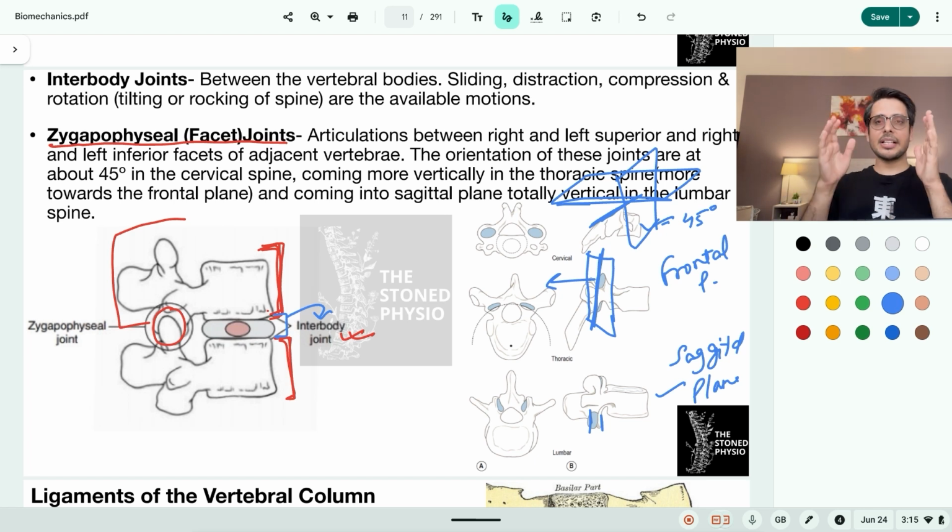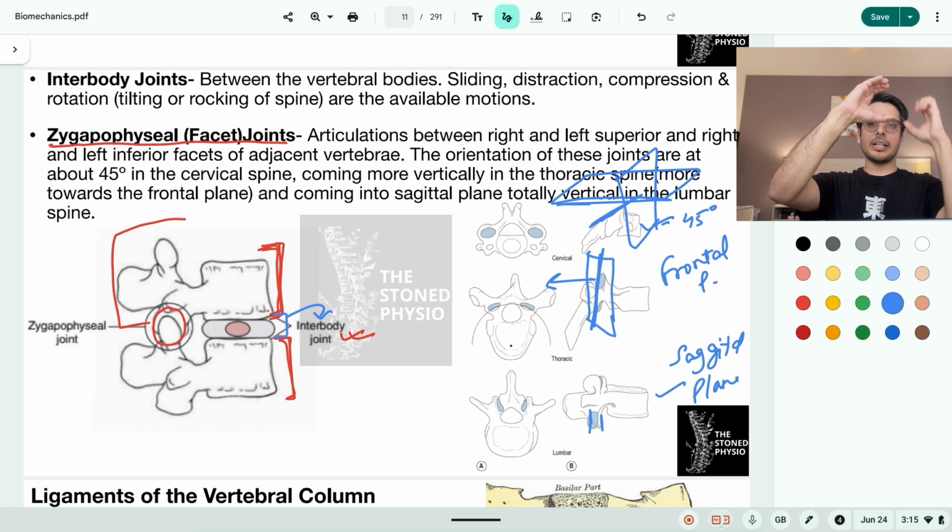So in the lumbar section, as I said, the facet joints face each other like this. Let's say this is the lower vertebra and this is the upper vertebra. The upper facet of the lower vertebra and the lower facet of the upper vertebra are attached like this.